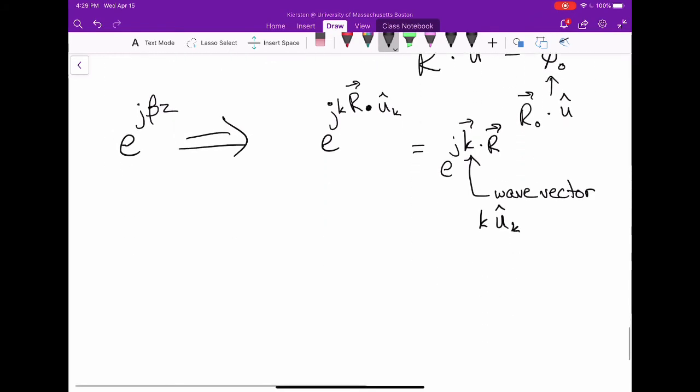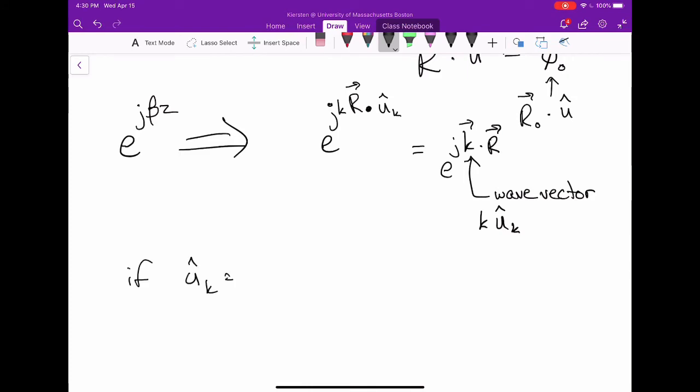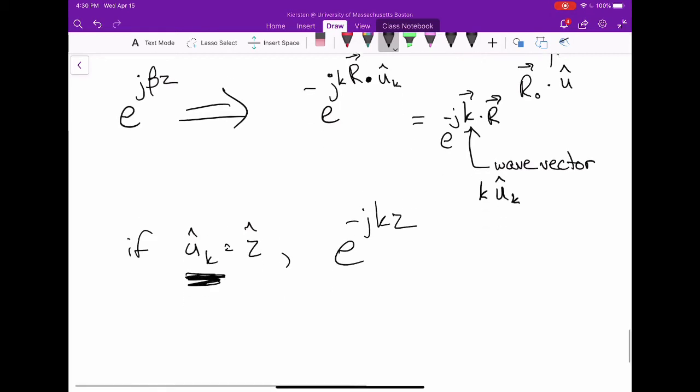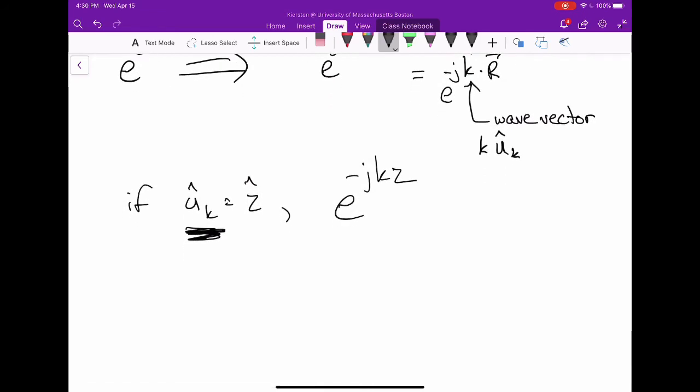So if propagation happens to be along the z direction, then you end up with e to the minus, oh, I need a minus sign on these, e to the minus jkz. Fine. But if this propagation vector points in a different, more complicated direction, it could involve all of the different components.